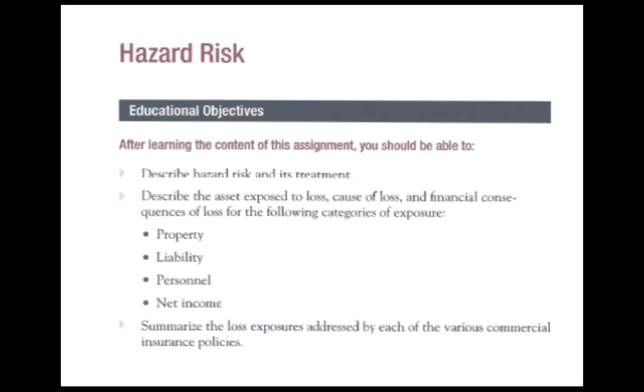Again, the next one, the assets exposed for each on the liability, as well as personnel and income. And then finally, the last portion is be able to summarize the loss exposures addressed by each of the various commercial insurance policies. And there's actually a table that I think makes it a little bit easier to follow that.